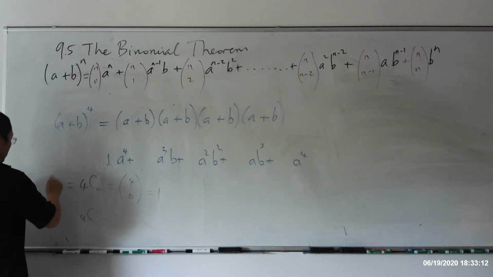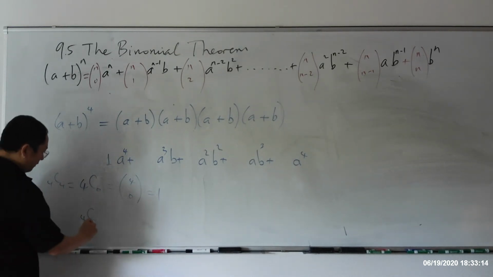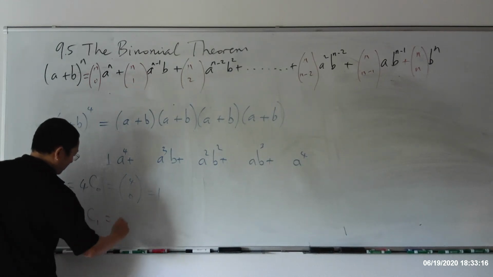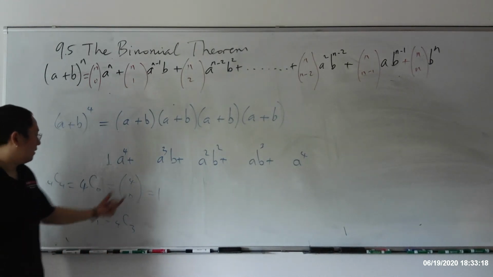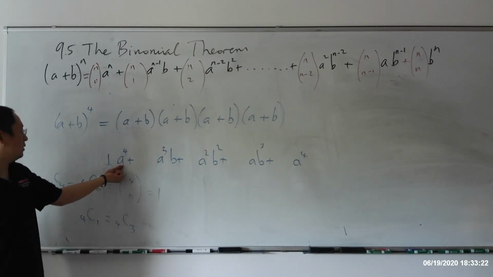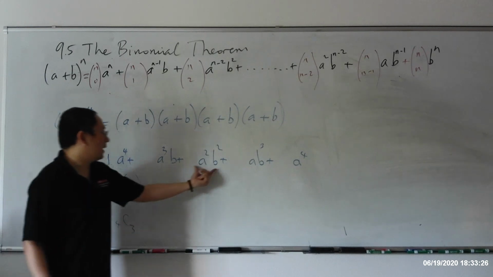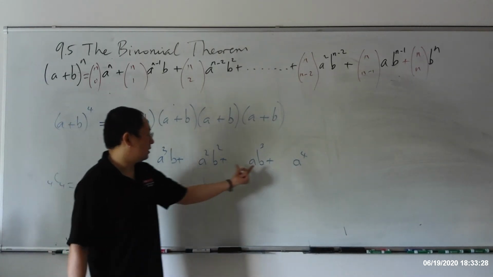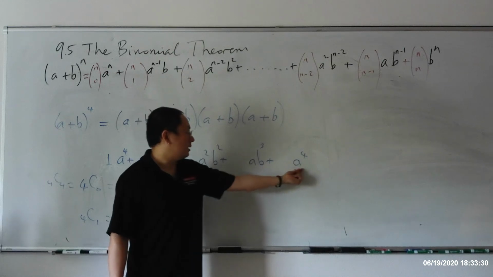So this is 4 choose 4, same thing as 4 choose 0, 4 choose 1, or 4 choose 3. Same thing, see? 4 A's choose 3 A's, or 4 B's choose 1 B. This one is 4 A's choose 4 A's, or 4 B's choose no B. It's the same thing. And same thing here, this is 4 choose 2, this is 4 choose 1, or 4 choose 3. And this is 4 choose 4.